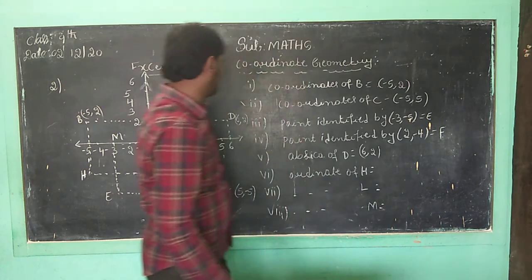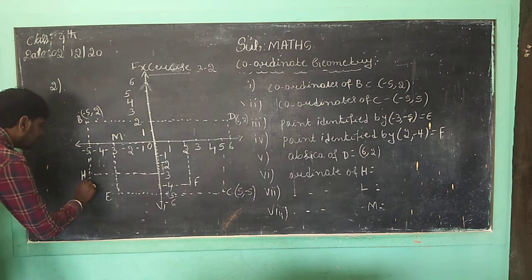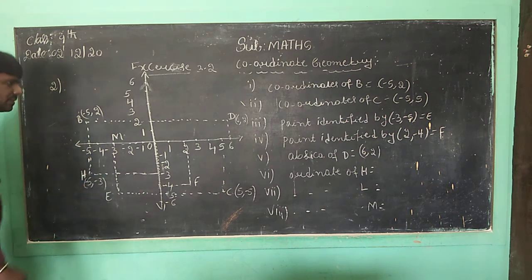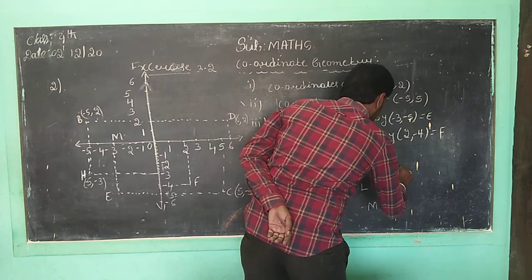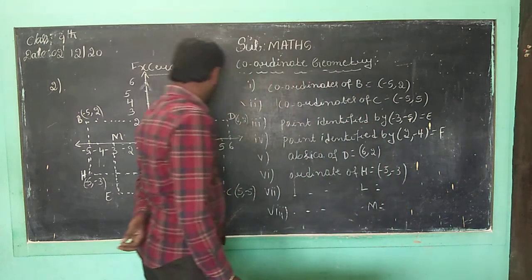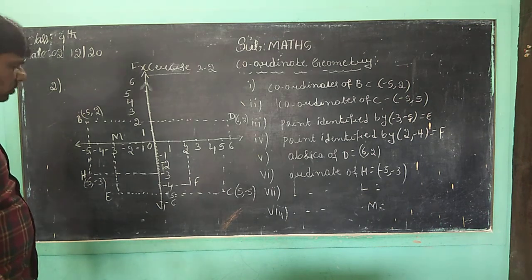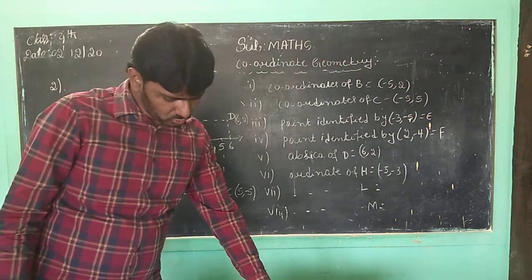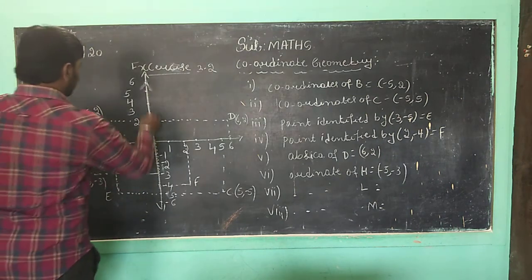Children, next coordinates of H. There is H here. Minus 5 comma minus 3. Correct, children? So now you want to represent this is minus 5 comma minus 3. Children, next coordinates of L. We can let L be here.